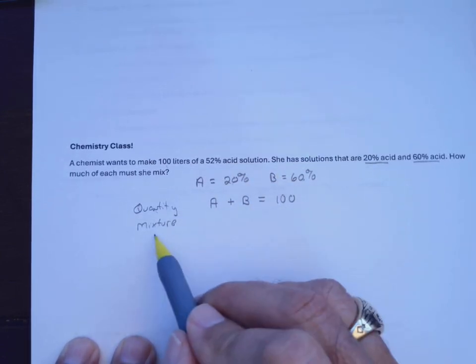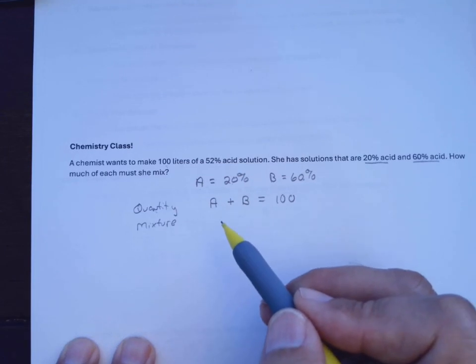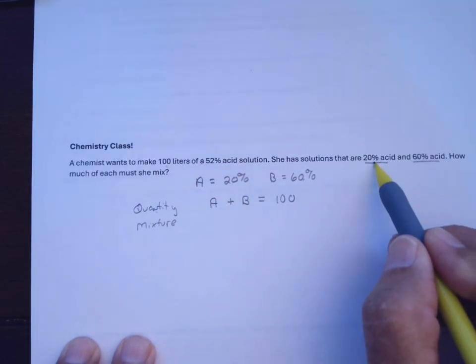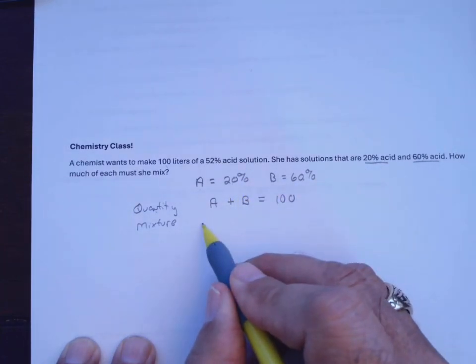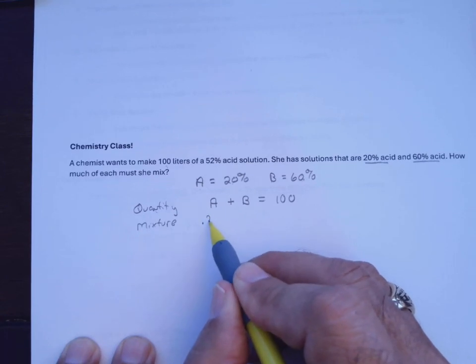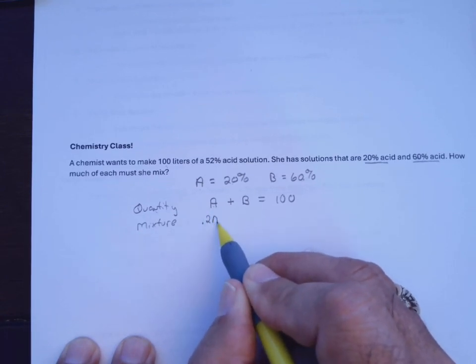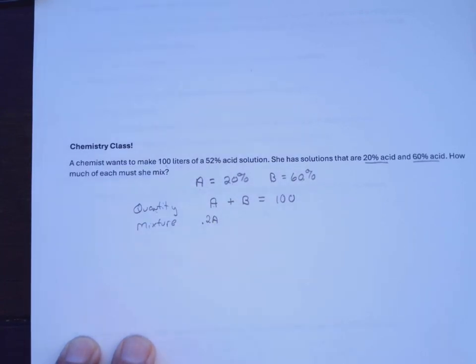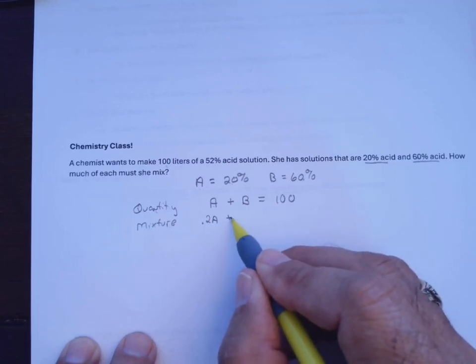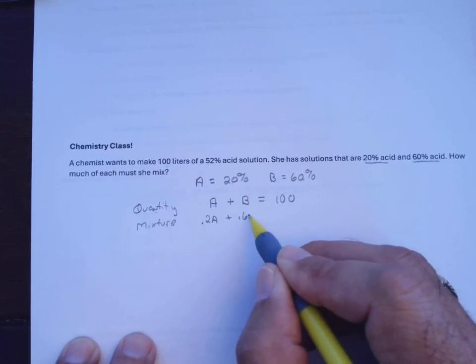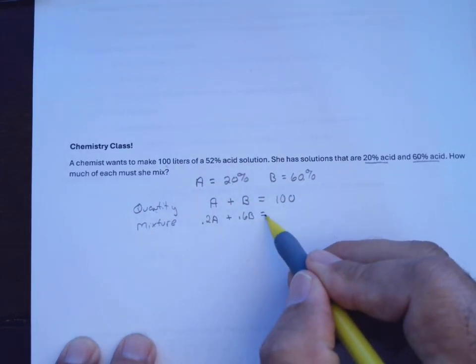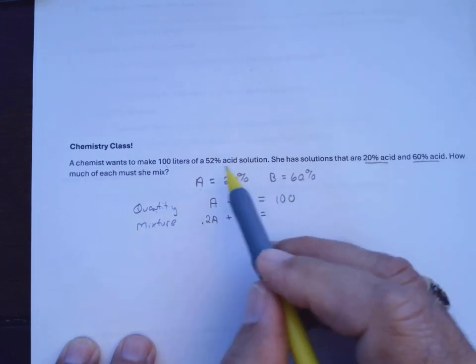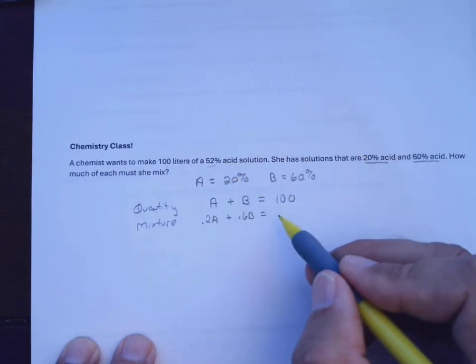And the second equation has to involve the mixture, right? So you're making a 20% acid solution of A. Okay, so I'll just do the 20%, so 0.2 times the quantity of the A acid is the mixture, 20% of A. The mixture for B, it's 60%, so 60% times the quantity of B gives me, and I know both the quantity and the mixture, the percentage of my final product.